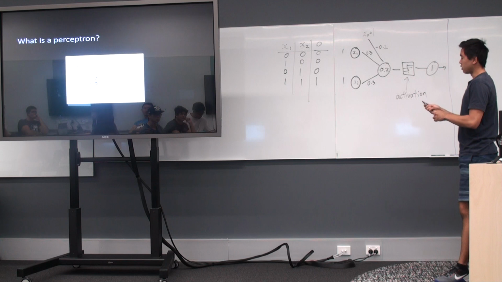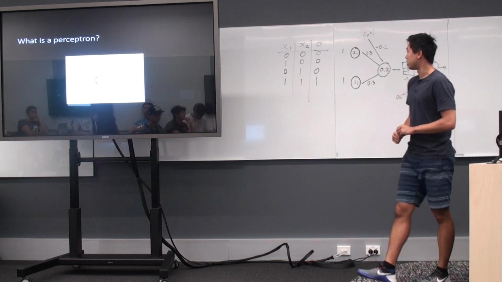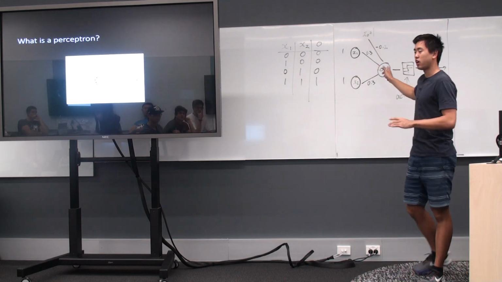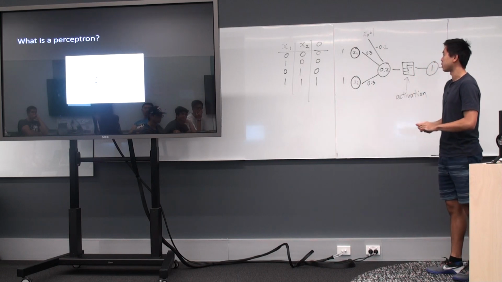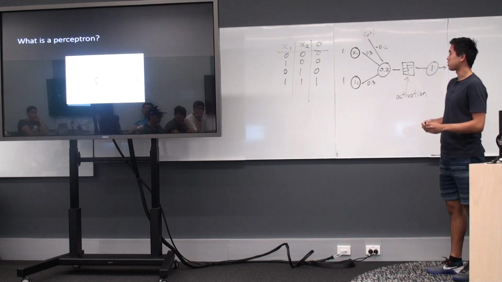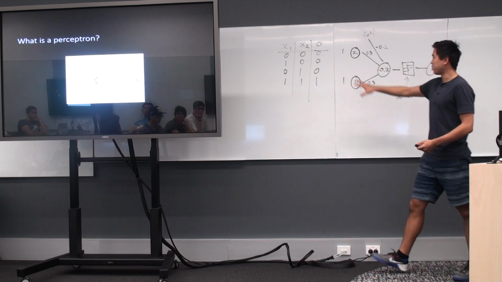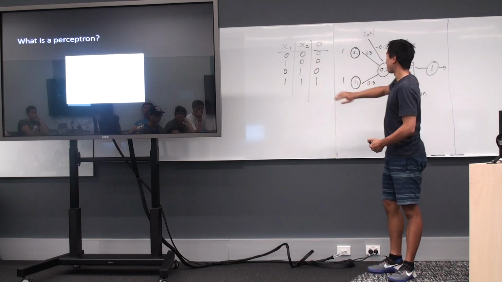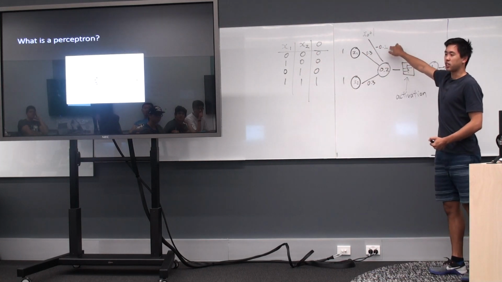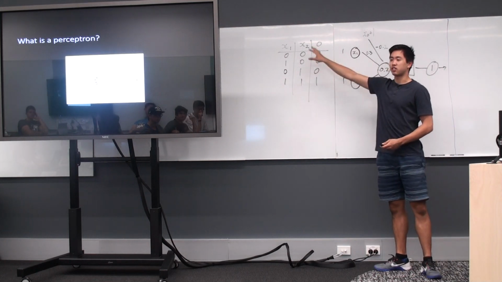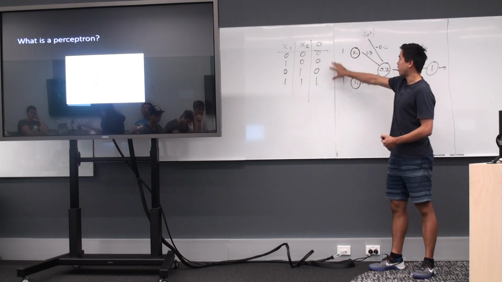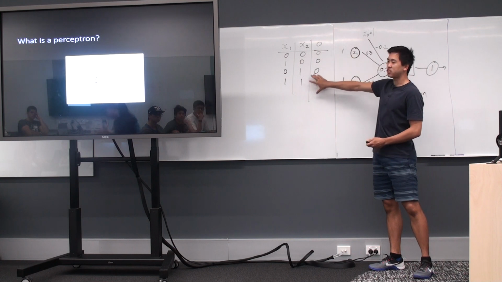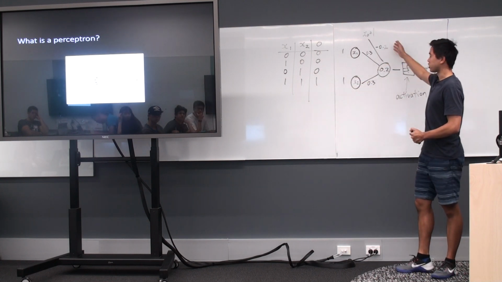So what normally happens when we try and fit a model, and this is going beyond perceptrons, but it's more conceptual, is we're given a data set, and then we have to try and find the weights such that it fits our data. Before, we were given the AND data set, and the weights just happened to work.